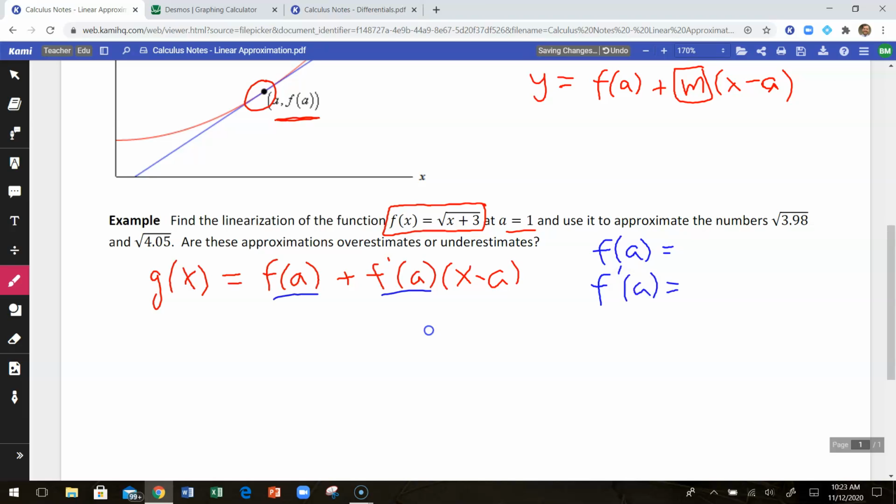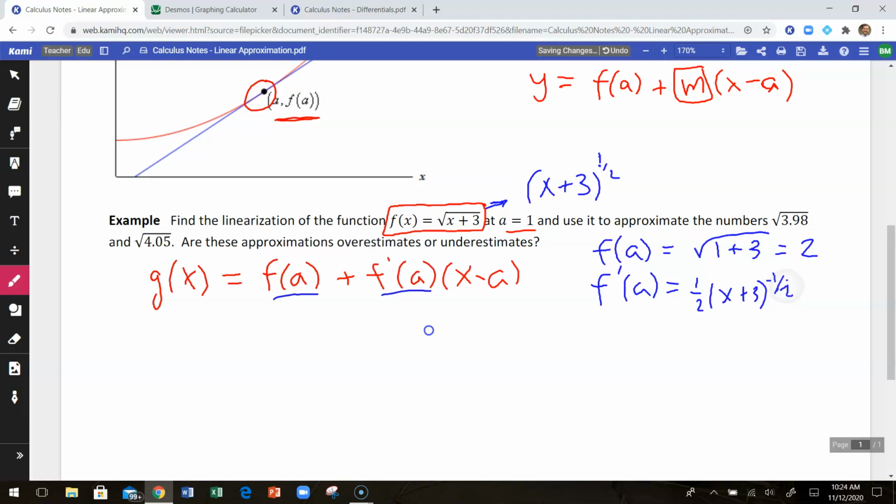So f of a is easy. That's just plug in 1 into your original function, so I would get the square root of 4, which would be 2. F prime of a, if I think about doing the derivative of this, this is x plus 3 to the 1/2 power. So the derivative there is going to be 1/2 times x plus 3 to the negative 1/2 power.